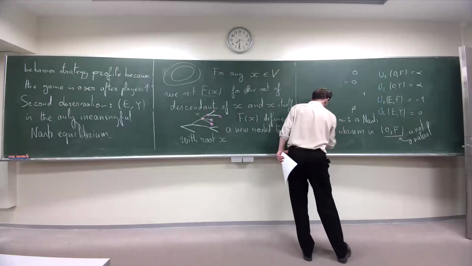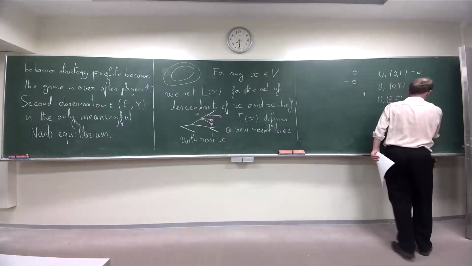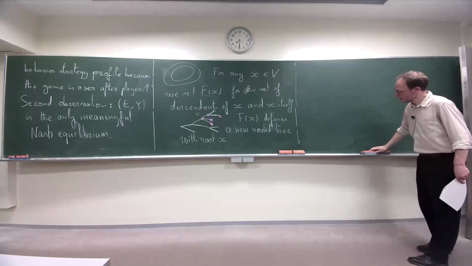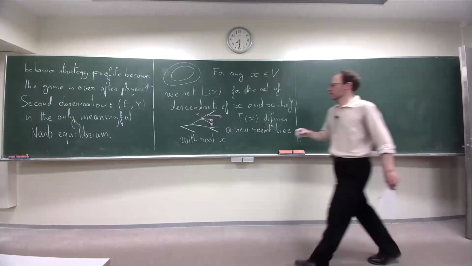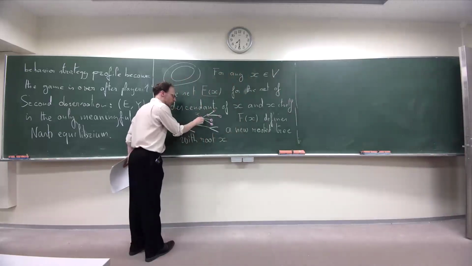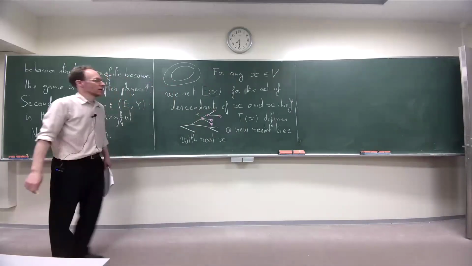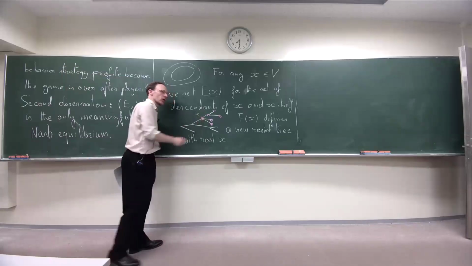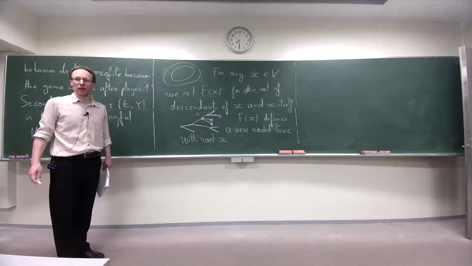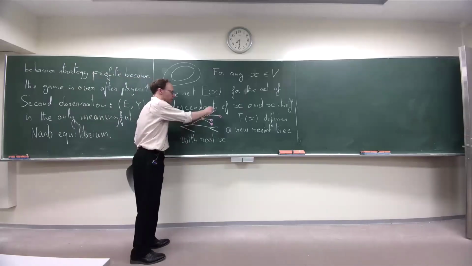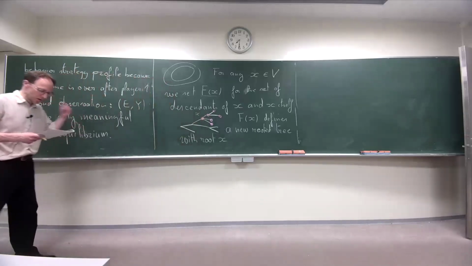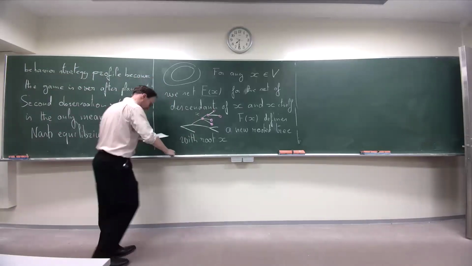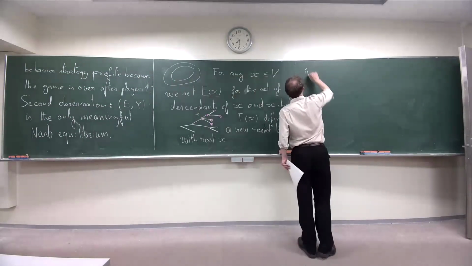My aim is to now give a definition of a new Nash equilibrium which takes into account that players have to check for the best response or the best Nash equilibrium at every point, not only at the beginning of the game, but at each step in the game. So this is going to be the next idea. But I need one more condition in addition.